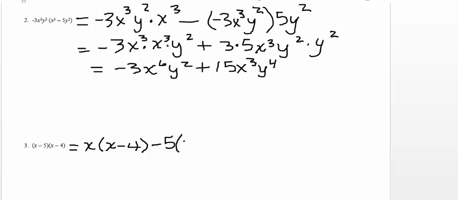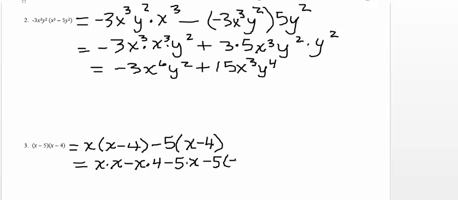It also has to be multiplied by the second binomial. So x times x minus x times 4 minus 5 times x minus 5 times negative 4.